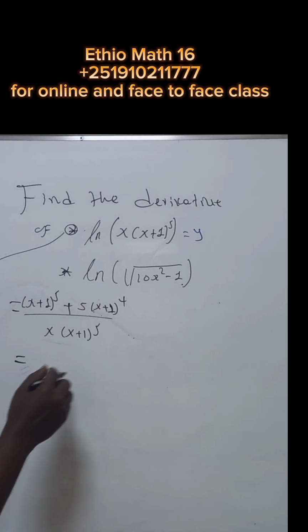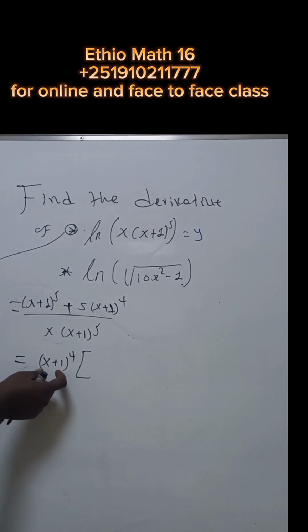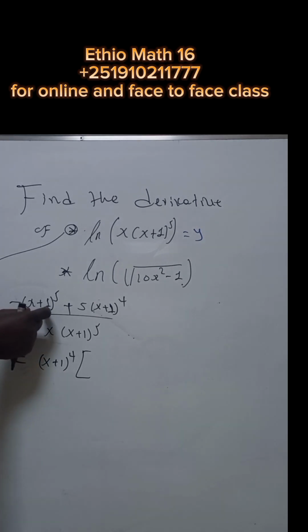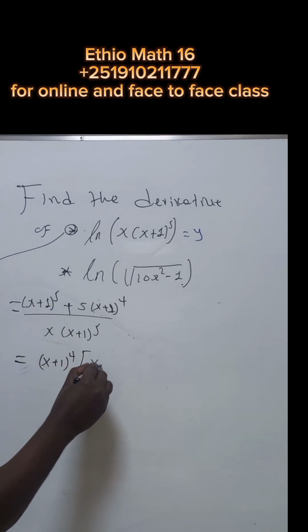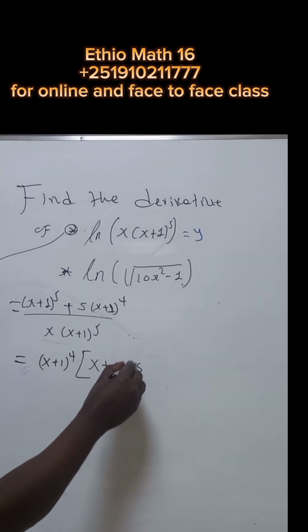You can take out (x plus 1) raised to 4 as a common factor for both terms. When we take out (x plus 1) raised to 4, what's left here? We are left with only x plus 1, plus what's left here? Only 5.